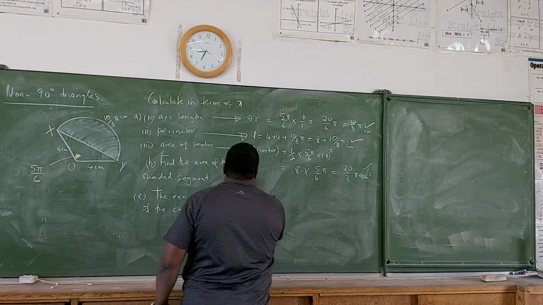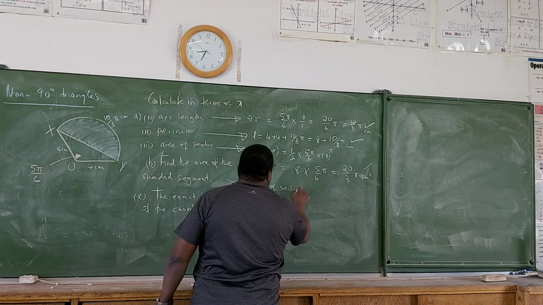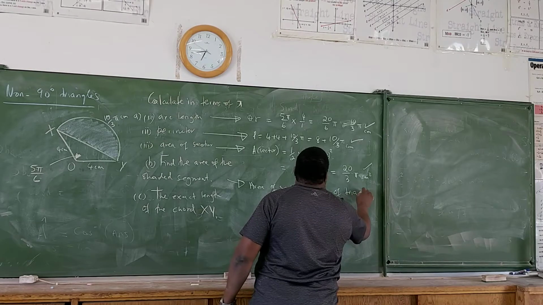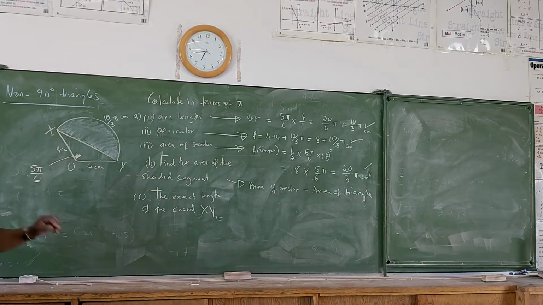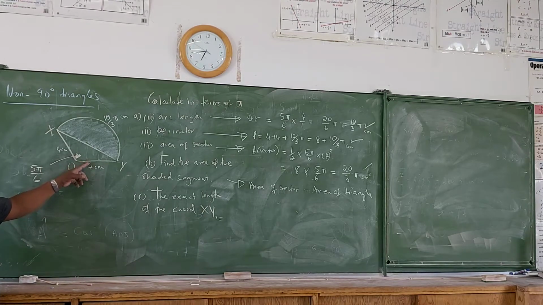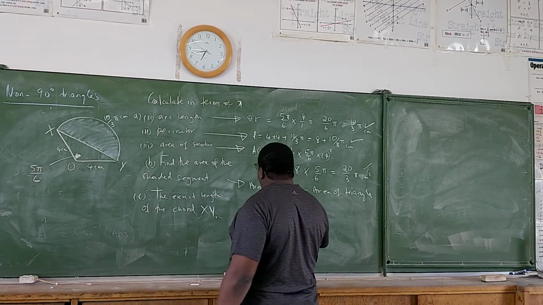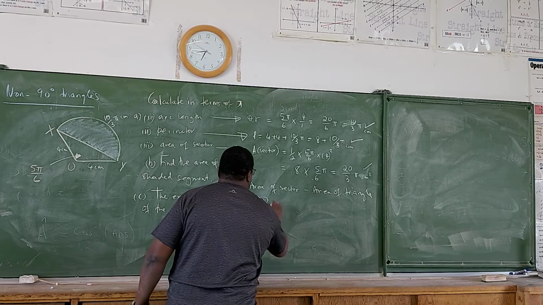So, area of sector minus area of triangle. I'm not saying this is the only approach. What formula are we going to use to calculate the area of the triangle? A half ab sine C. So the area of the sector, which we already have, is 20 upon 3 pi.